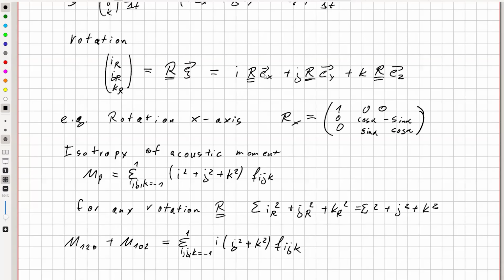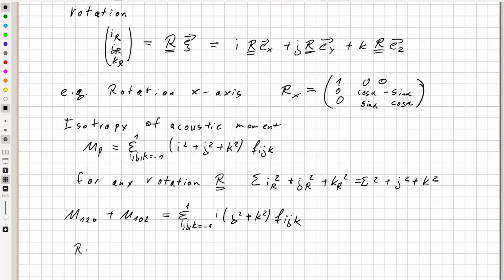Now let us rotate this, a rotation about x. If you rotate this about x, i will not change. I will always be the same. The index i will be the same after rotation because we are rotating about the x-axis.